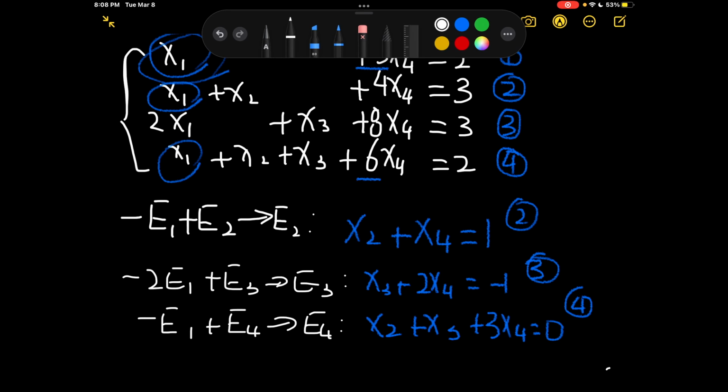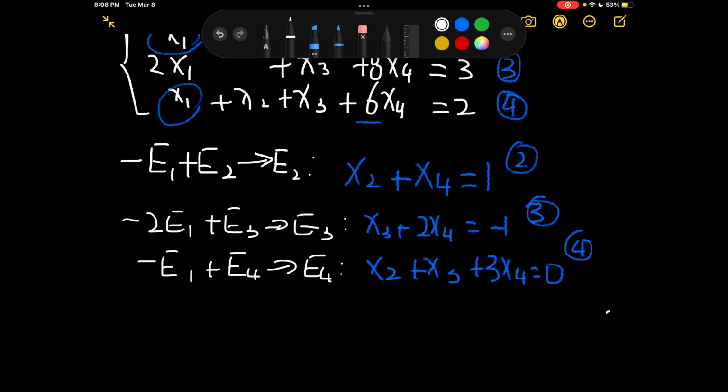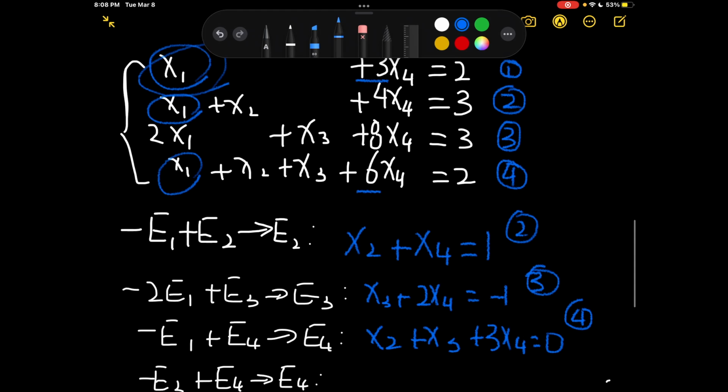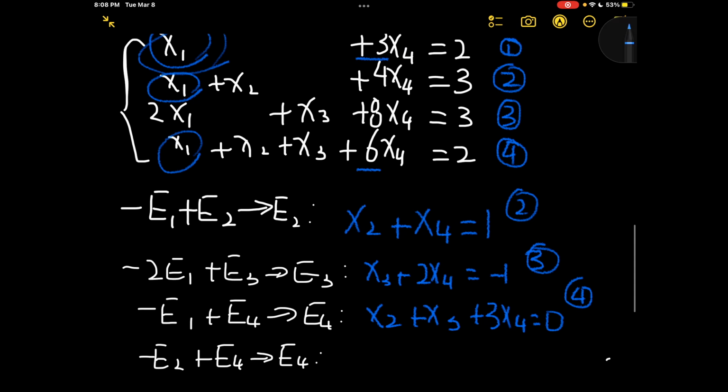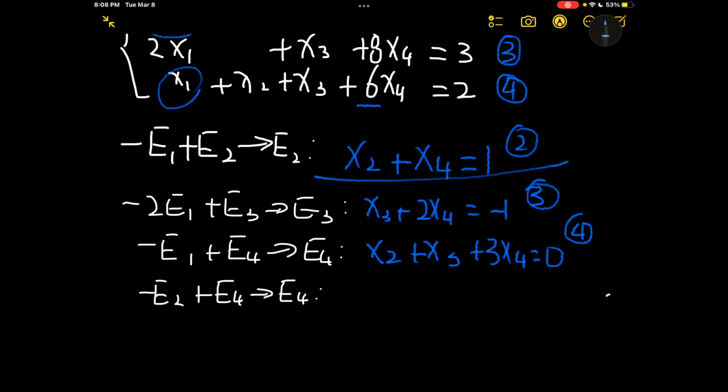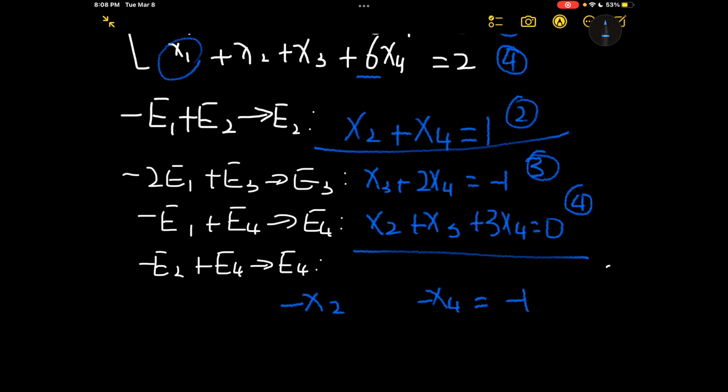The following operation asks us to do negative E2 plus E4, replacing E4. Negative equation 2 right now is negative x2 minus x4 equals negative 1. That's negative E2, and we add it to our equation 4: x2 plus x3 plus 3x4 equals 0.